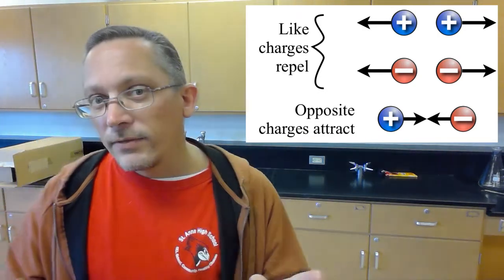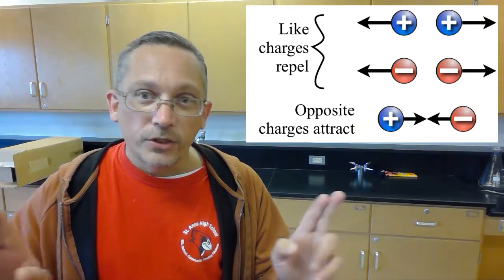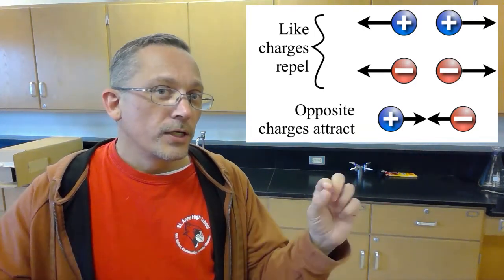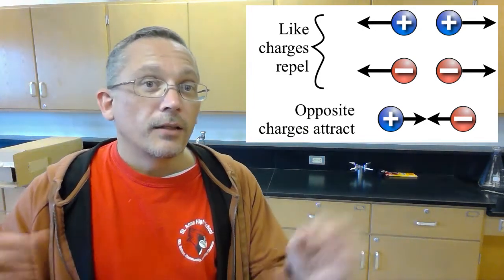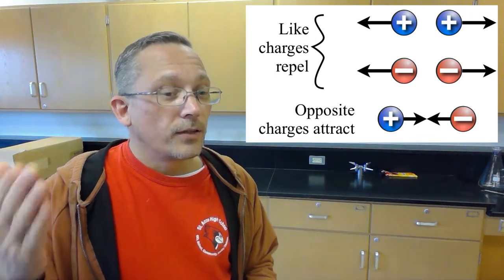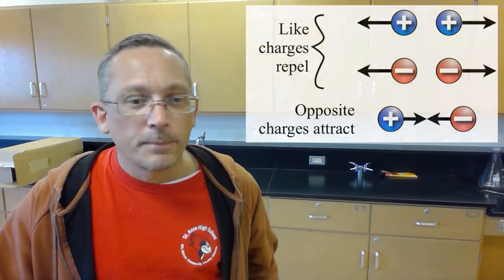Charges that are different types, that is one positive and one negative, will attract each other. They'll move together. They'll experience a force that pulls them together, right? So opposite charges attract each other, and like charges repel each other. Something we need to keep in mind there.